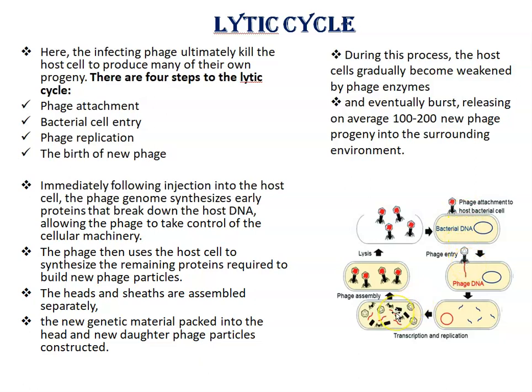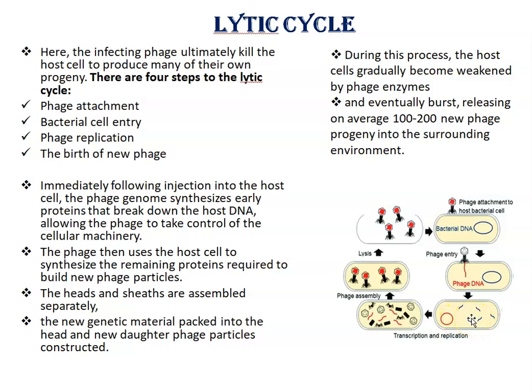Third, phage replication. And the fourth one is birth of new phage. Immediately following the injection into the host cell, the phage genome synthesizes early proteins. Then what is the function of these early proteins? They break down the host DNA. You can see here in this diagram.